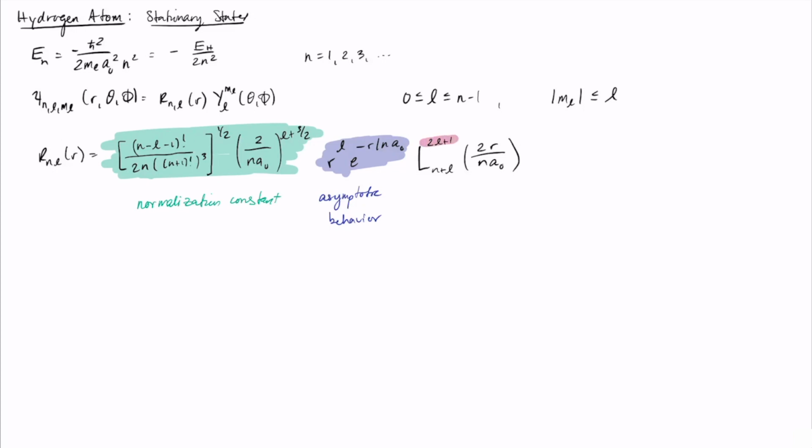Now the last term is this big L of 2n plus 1 and n plus L. These are what's known as the associated Laguerre polynomials.